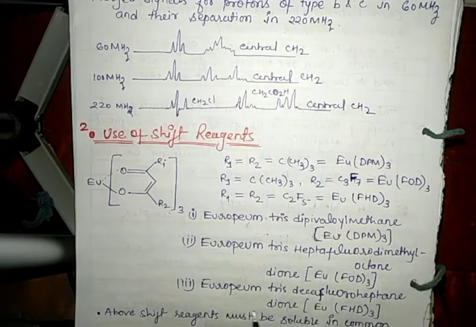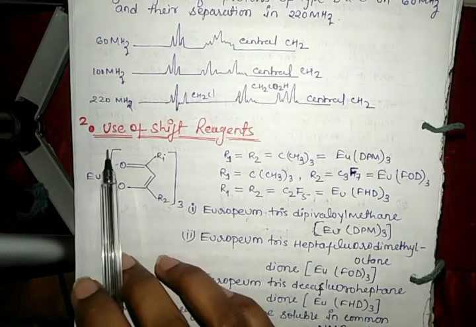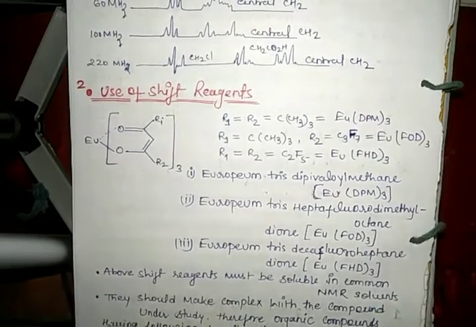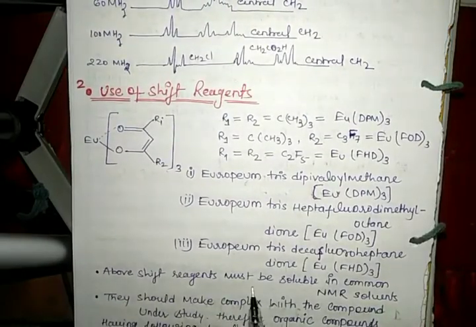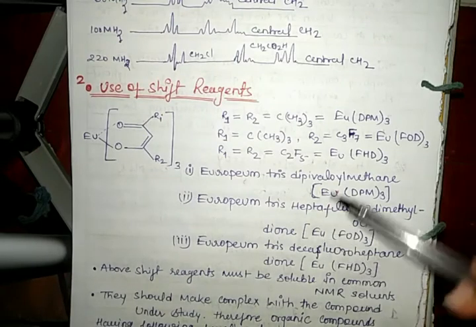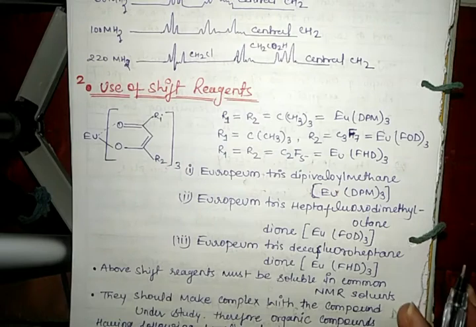And third one, europium tris decafluoroheptanedione. So all three are examples for use of shift reagent. In next point, the above shift reagent must be soluble in common NMR solvent. So these three reagents are soluble in common NMR solvent.